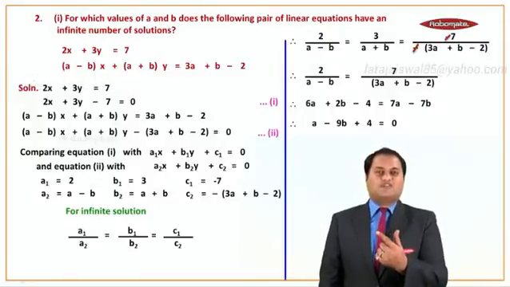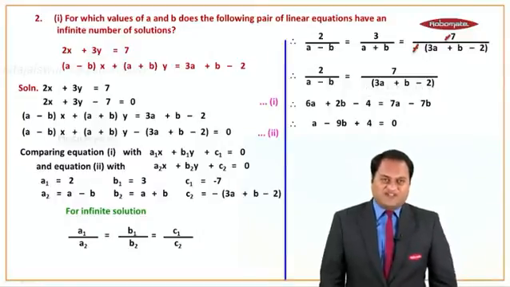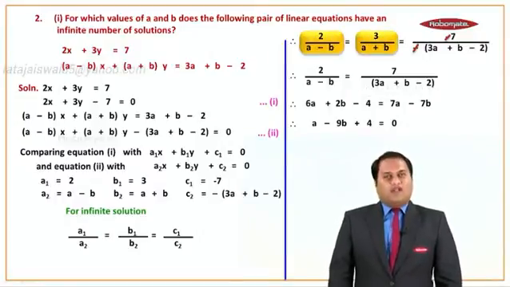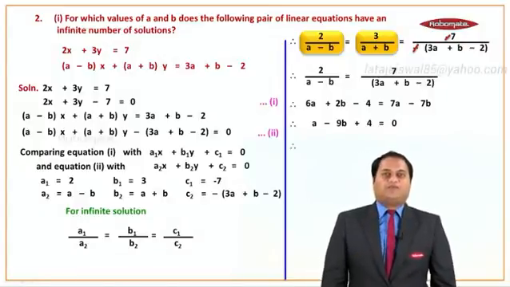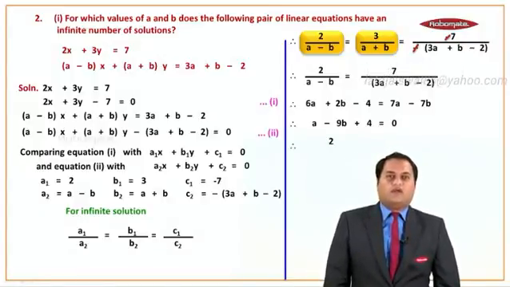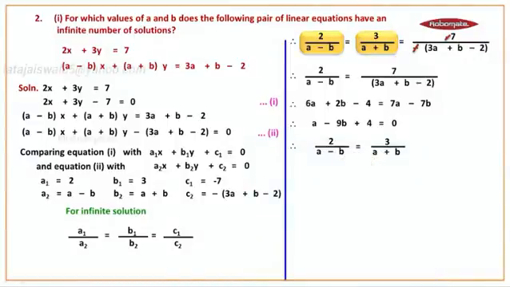There are two unknowns in this equation. We can't solve it using one equation, we need another equation, right? To get the other equation, let us consider now the first and the second ratio. Let's do it. 2 upon a minus b is equal to 3 upon a plus b. Again, what do we do now?